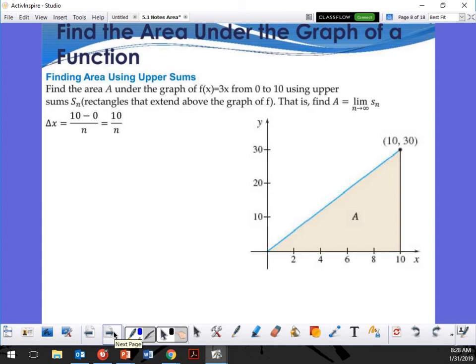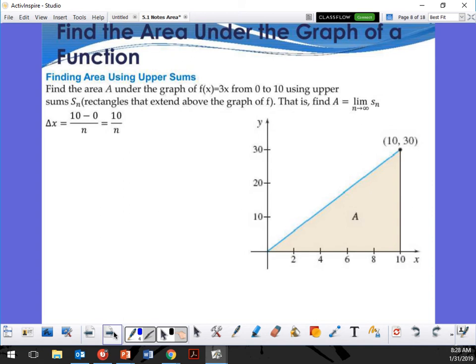Area under this, using upper sums. Okay, rectangles extending above the graph. For this, delta x comes out to 10 over n. So, this one's going to be an easy one. Do you know why? Is it a straight line?